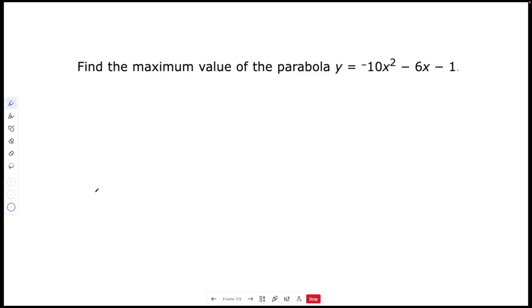All right, to find the maximum, we're going to still use our -b over 2a. So let's start with a, b, and c. A equals -10, b equals -6, c equals -1. Let me make a little more room here. We do x equals -b over 2a.